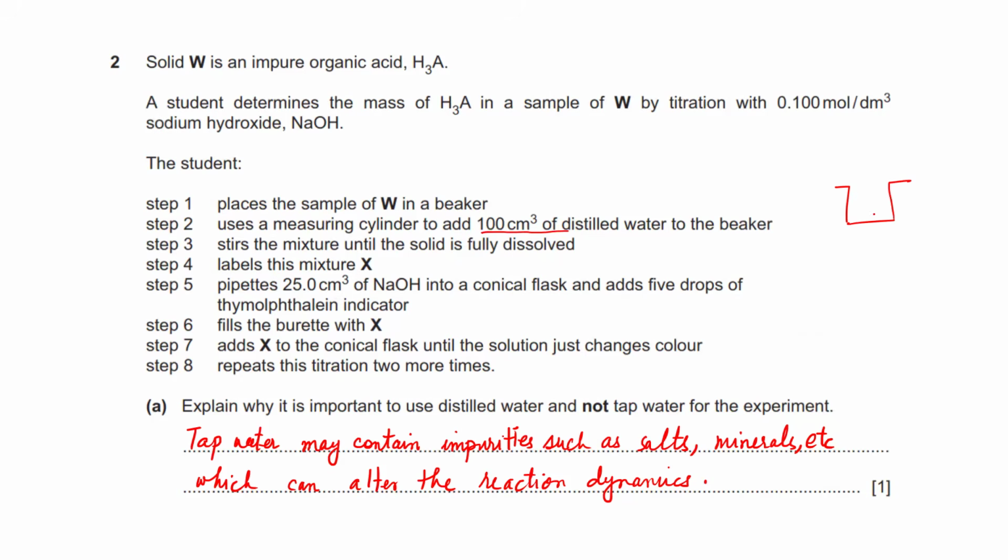So this is your beaker, this is your sample, and he adds 100 centimeter cube of water into it. This is the actual sample W, let's say the weight is small w grams, and this small w grams is available in 100 centimeter cube of water. Okay, so we have to remember this. So the volume of the solution of sample W we have is 100 centimeter cube.